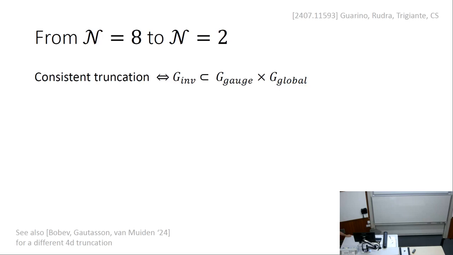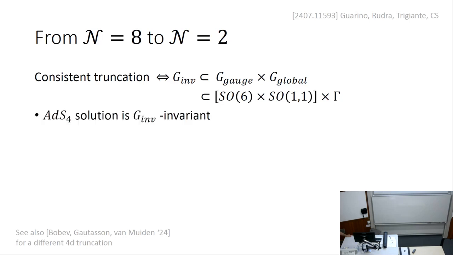In particular, this group has to be a symmetry of my full theory. So in this case, it has to be a subgroup of the gauge group times whatever global symmetry group remains in my maximal supergravity. In this case, this is SO(6), and then there is maybe some discrete part that stays there. And this group has to keep my AdS4 solutions. It has to keep the R-symmetry vector in order to put some magnetic flux on my black hole.